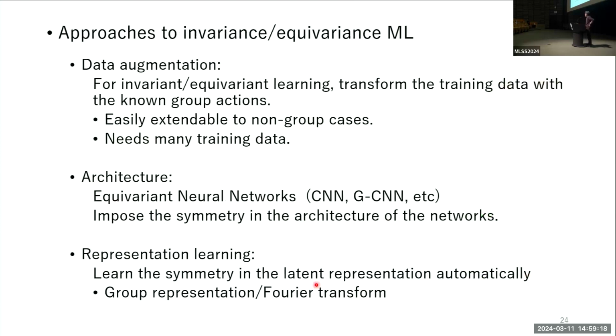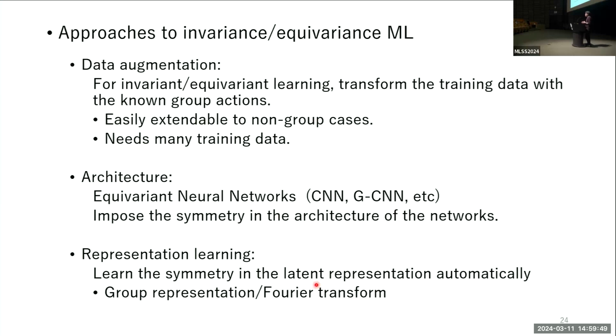And as I talked in the beginning of my lecture, one very natural and still popular approach is data augmentation. If we have some group symmetry in the data, then we can apply various such group actions to the data and train the neural network with such augmented data.